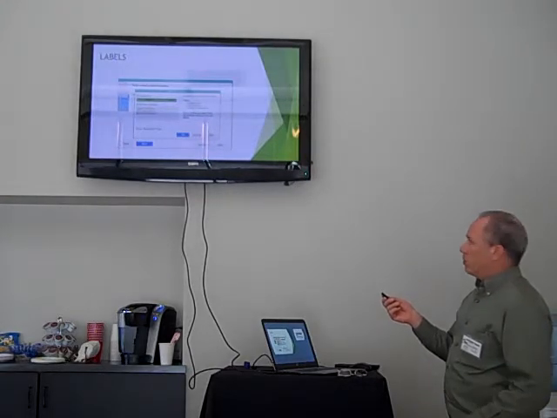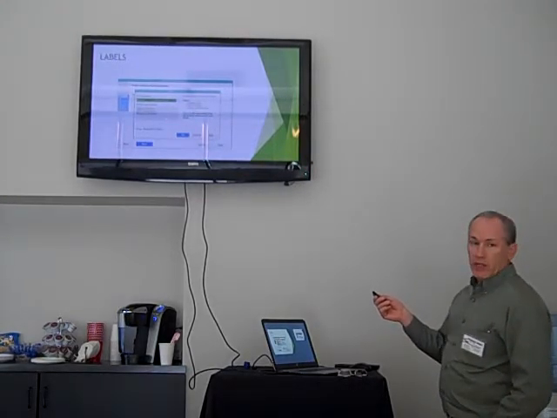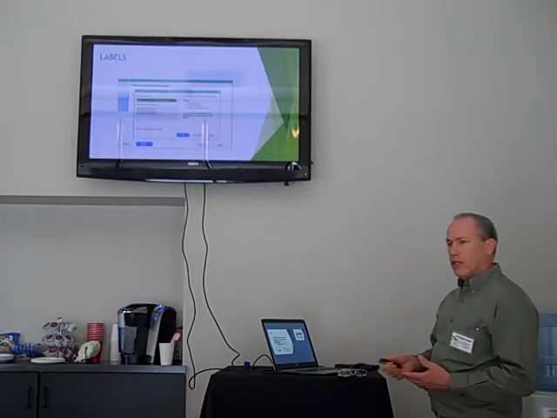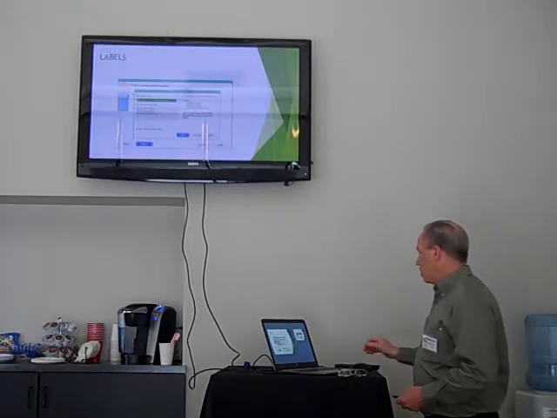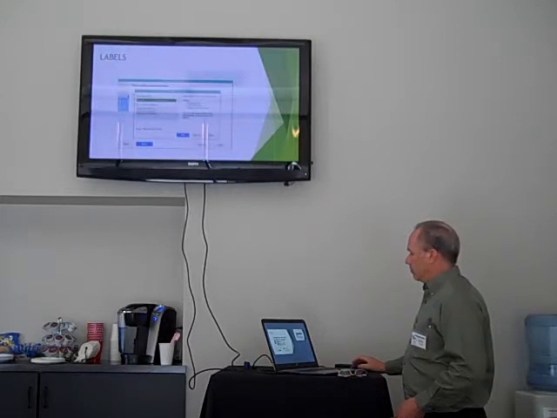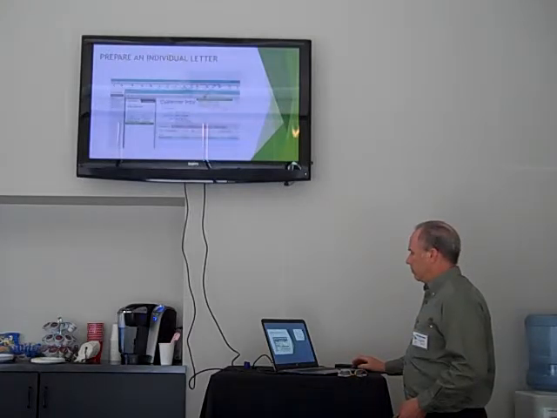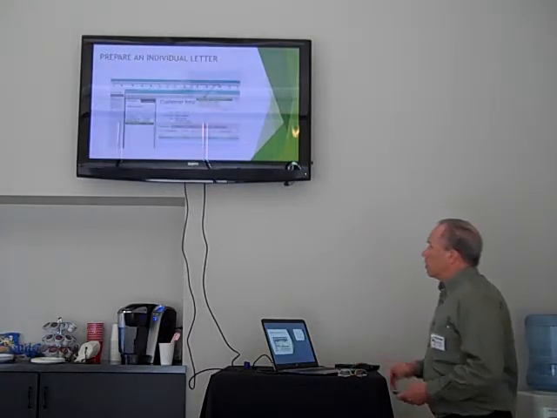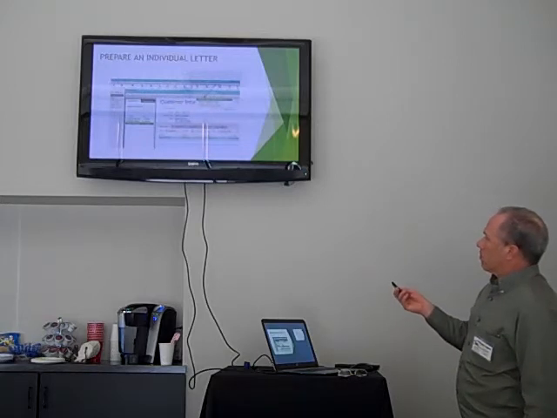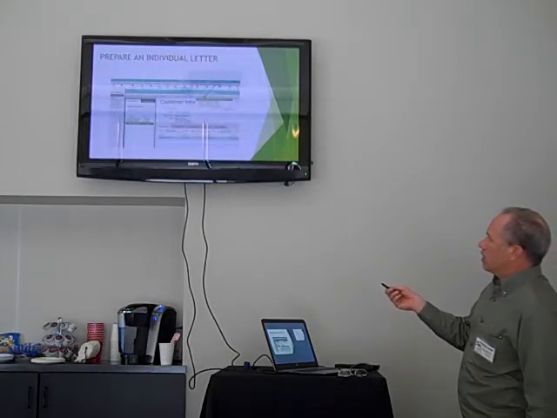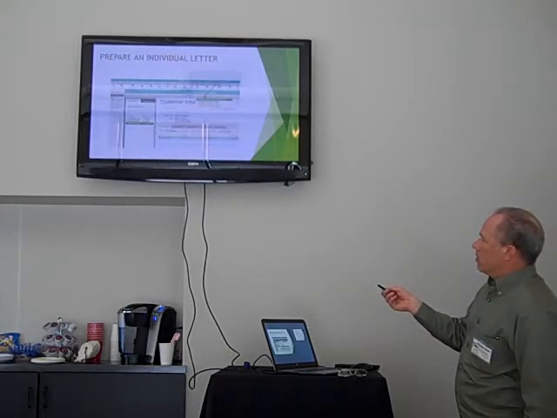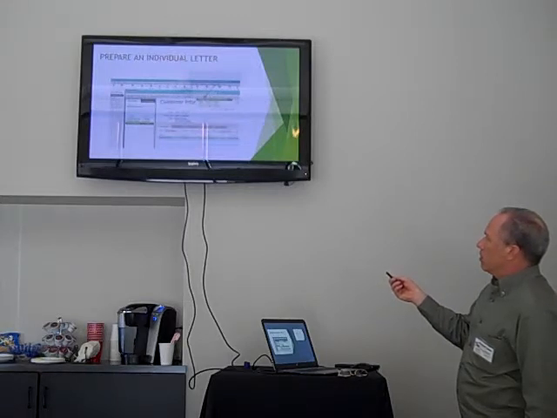Once you're moving through, it asks you what type of labels you want to put. So you can get the letter and the label right out of this function here. There's also a spot, if you're looking at a customer and you just highlight them there, you can go up to this area right here, it just says Word.